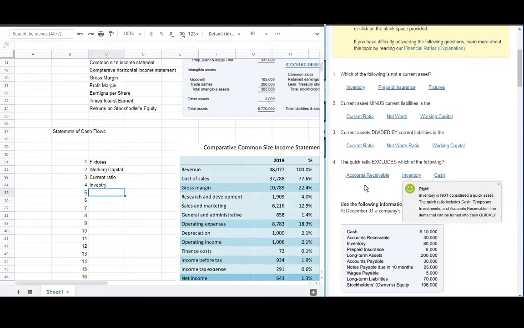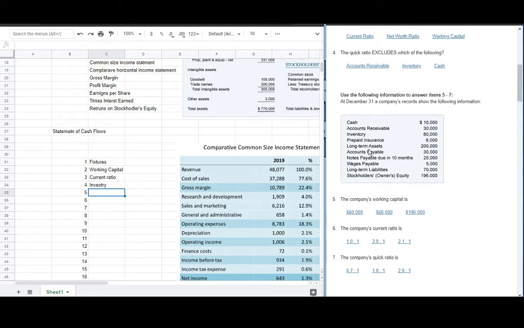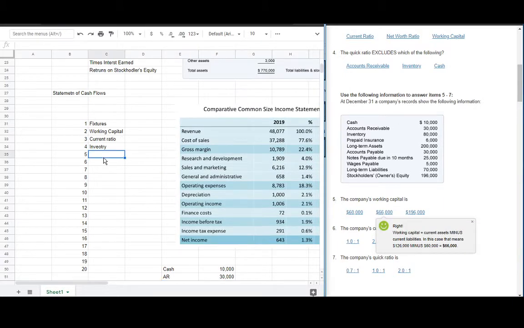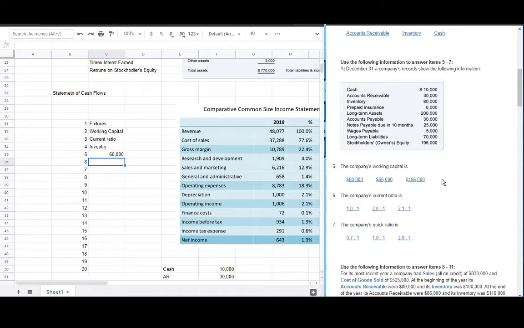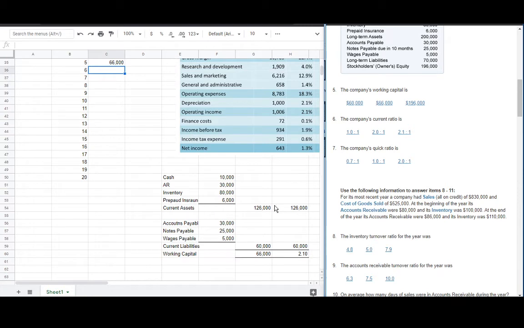Number 5, the following information shows the following. So the company's working capital, yeah. So we find the current assets of 126 and the current liabilities of 60. Then we end with 66,000, correct? Number 6, the company's current ratio is, and we divide the two amounts, 126 divided by 60, the two current amounts, we end with 2.1.